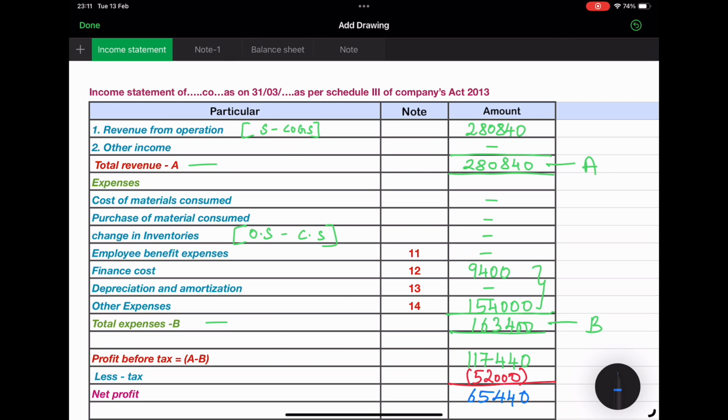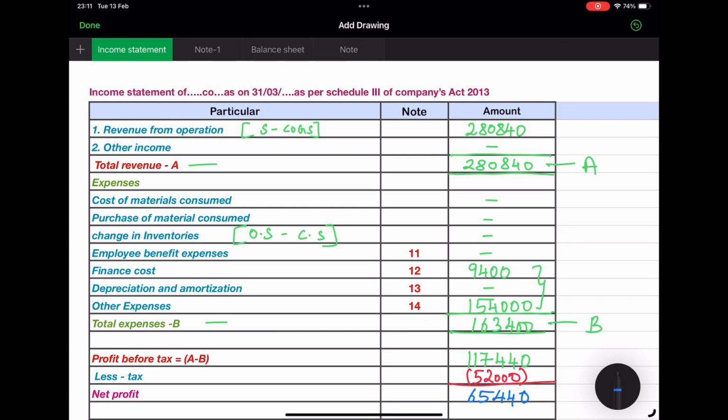But in this question they have asked only the income statement. So our income statement is prepared and our net profit is 65,440. Okay, so this is how the preparation of income statement and balance sheet actually goes.